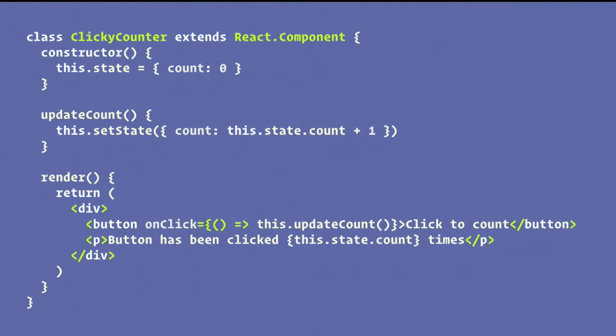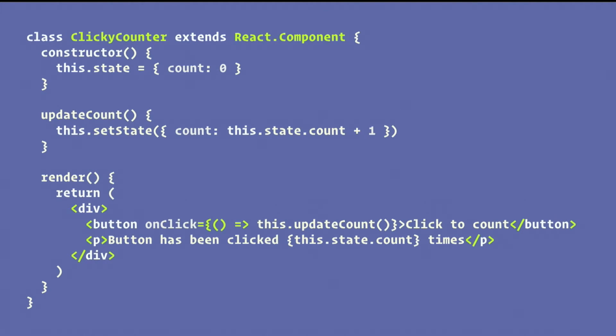So for example, at the top, we have our React component, ClickyCounter. We have a constructor method, and then we initialize state by calling this.state equals the object that has a property count, which starts at 0. So the constructor is where you initialize the state.